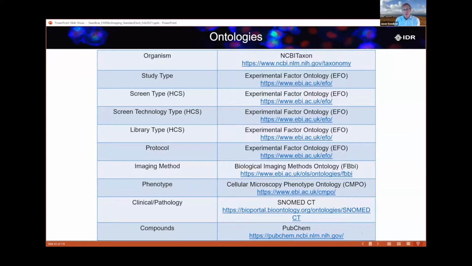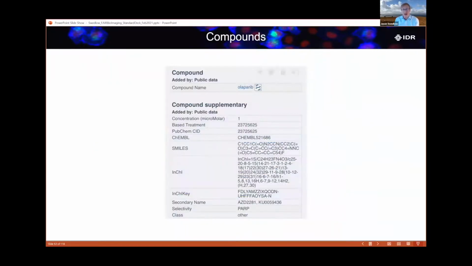So we have these data sets coming in, and then the process of working with the authors to identify which ontologies we need to use, what annotations we need to make, is really the added value resource that the IDR can provide. It's work, definitely is work, but hopefully it generates some value.